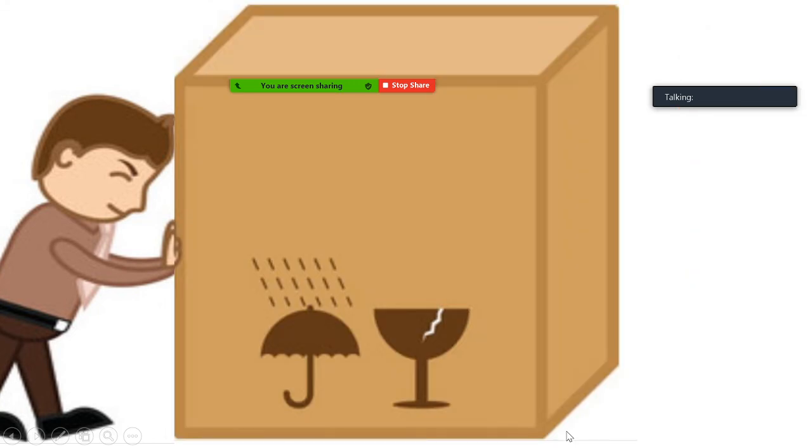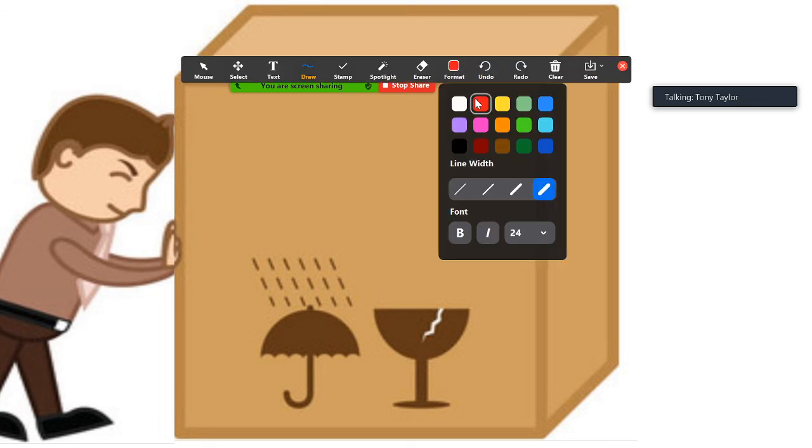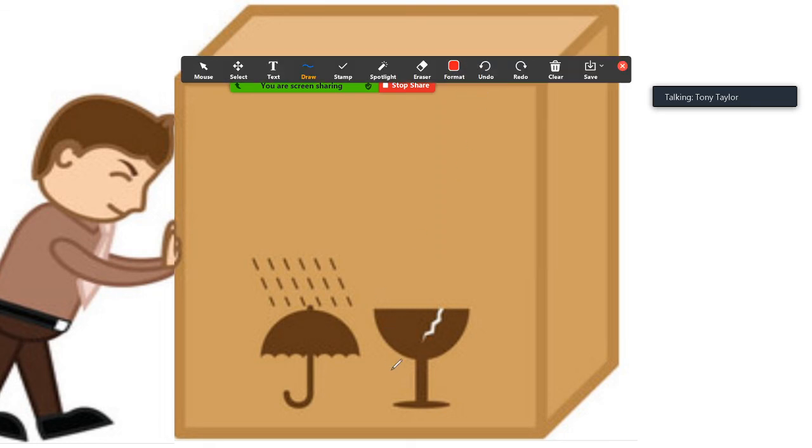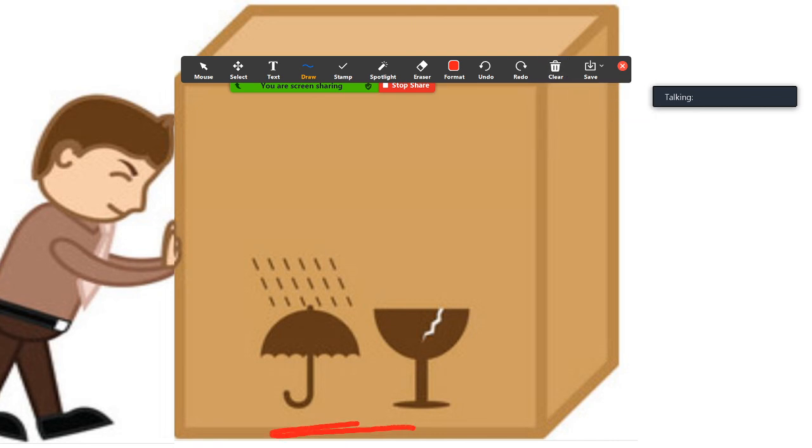So I'm going to say that again, guys. If this guy pushes on the box and the box doesn't move, the reason why it's not moving is because there's a force of static friction here. And let me draw that better. There's a force of static friction resisting the motion of this object.